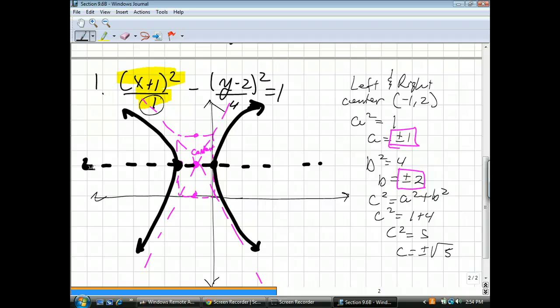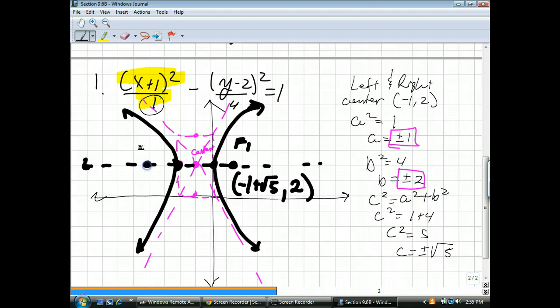So our foci are going to be our center, which is -1, plus or minus square root 5. So our focus number 1 is going to have -1 plus square root 5 as the x coordinate, and the y coordinate is going to be 2.